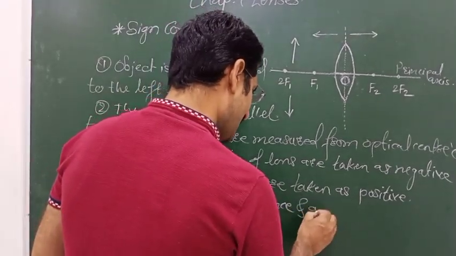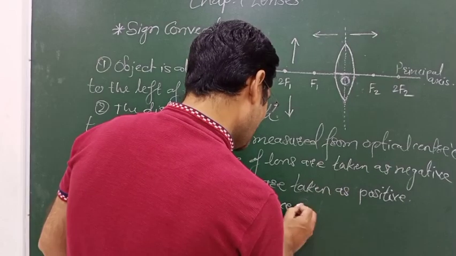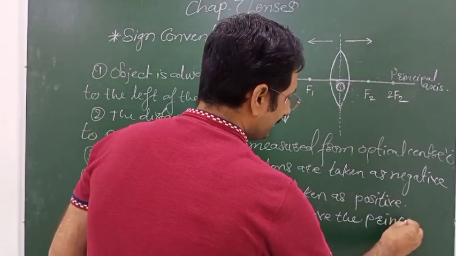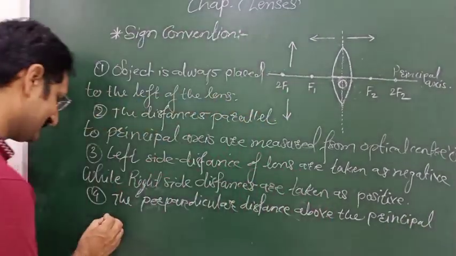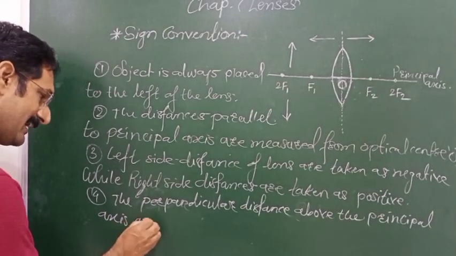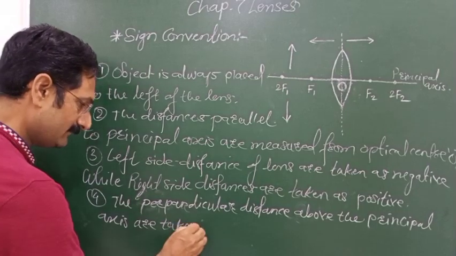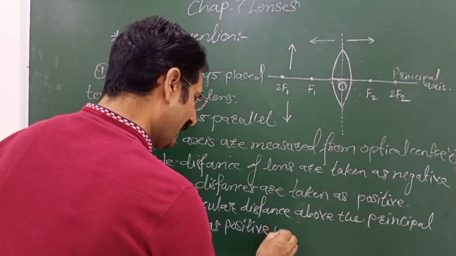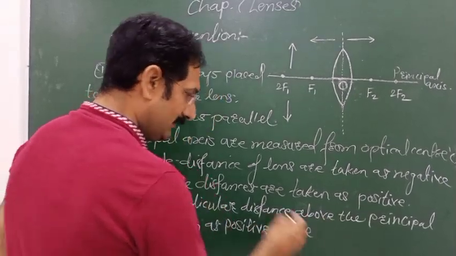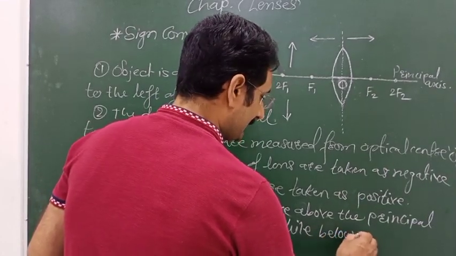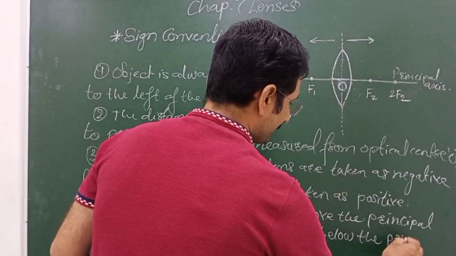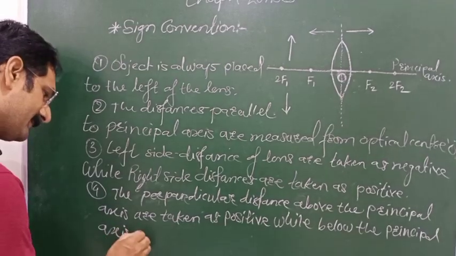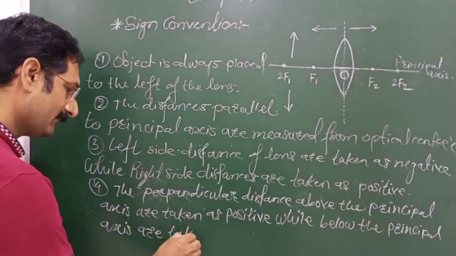The perpendicular distances above the principal axis are taken as positive, while those below the principal axis are taken as negative.